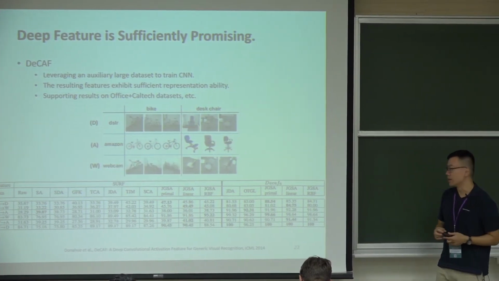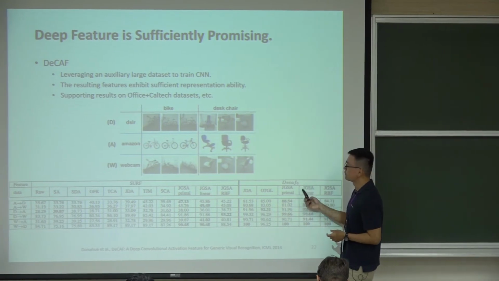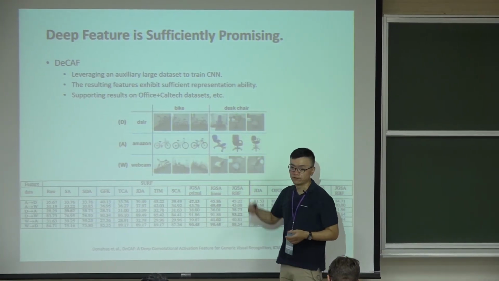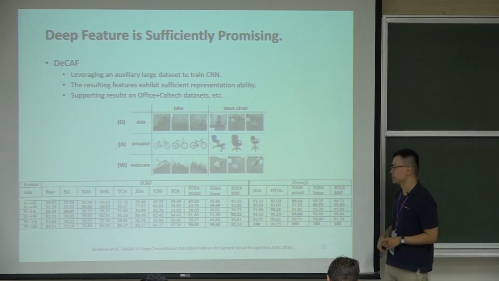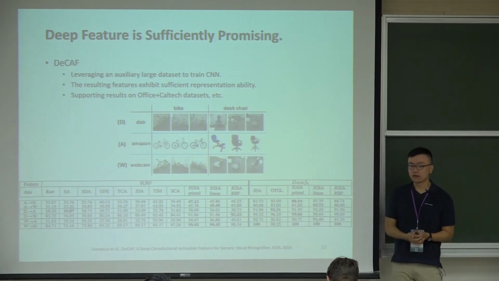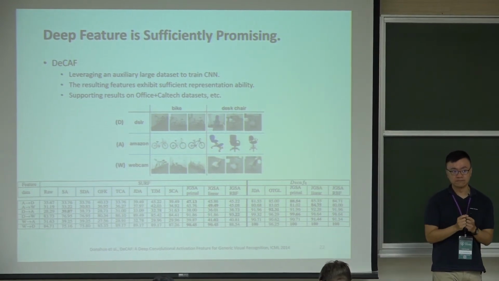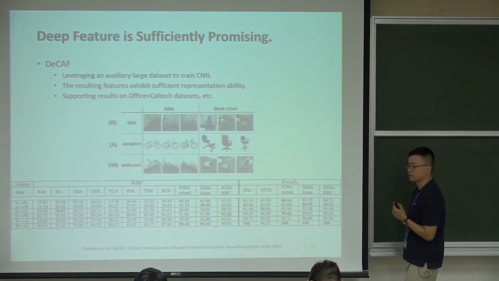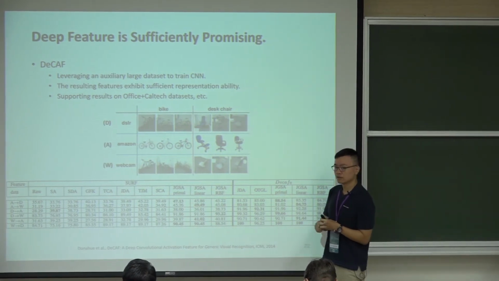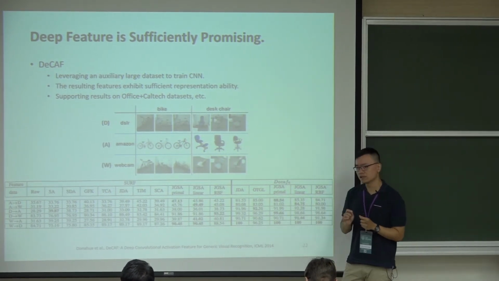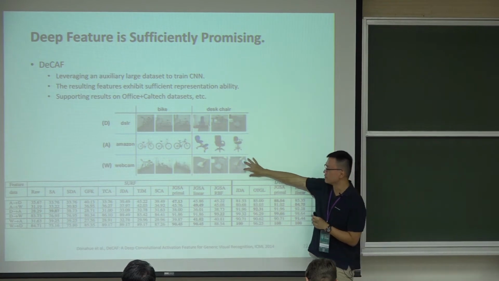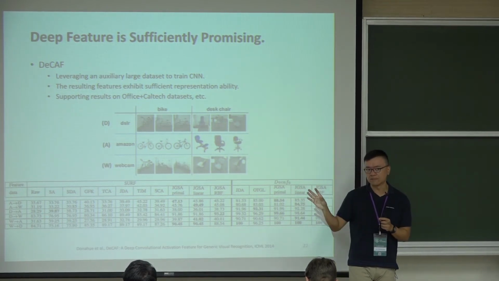task. If you train your DeCAF from ImageNet or from this Office dataset, etc., they already provide you a sufficient ability to describe your image data, even if it might have an irrelevant or non-overlapping class.